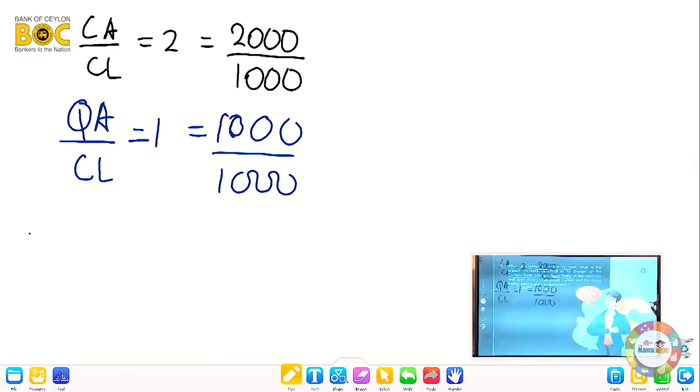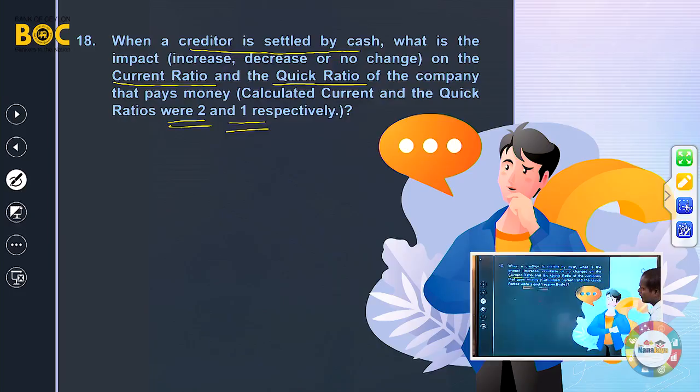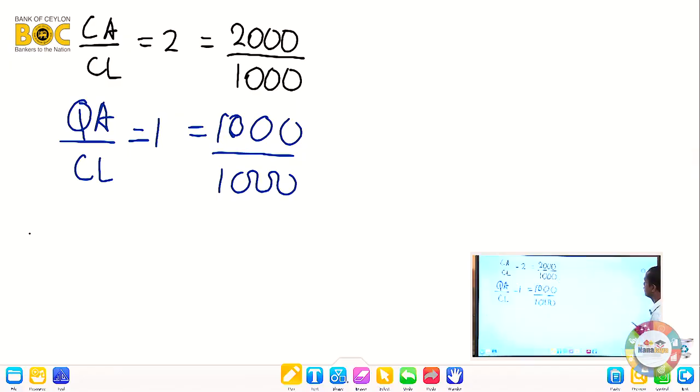What does the question say? When the creditors are settled. Assume you have paid 500 to creditors.